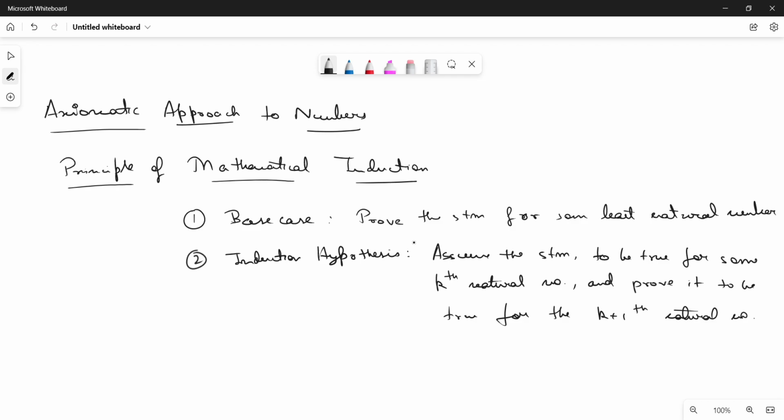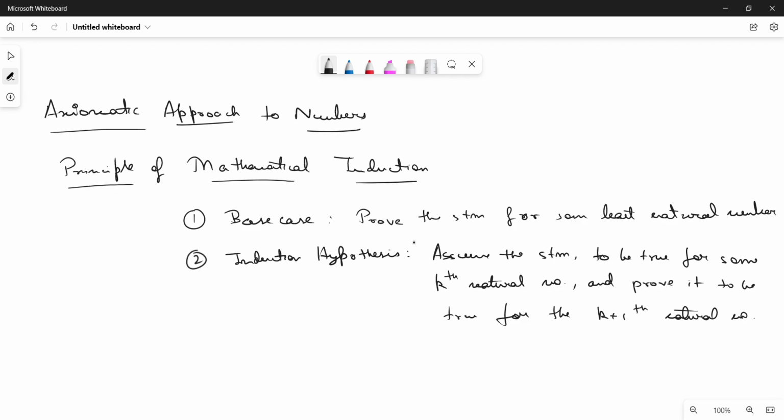The principle of mathematical induction, which we have used a lot, might be based on some base of the construction of natural numbers.